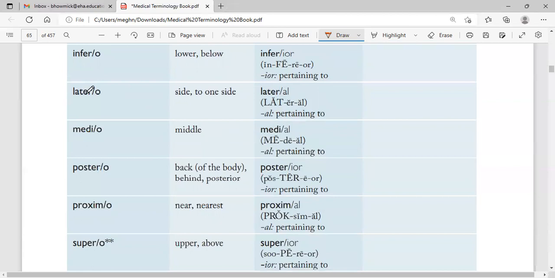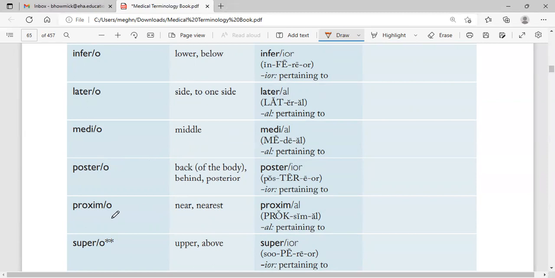Lateral means side or to one side. Medio means middle, medial. Posterior means back.